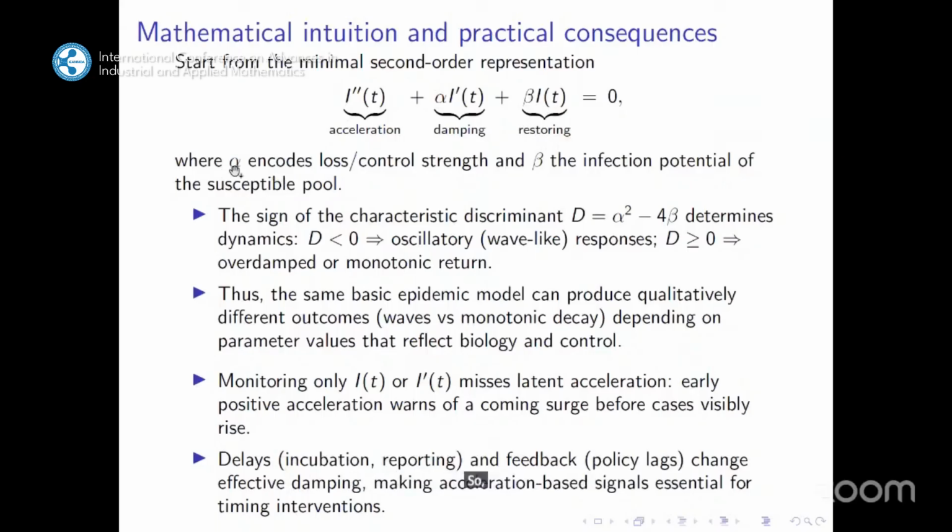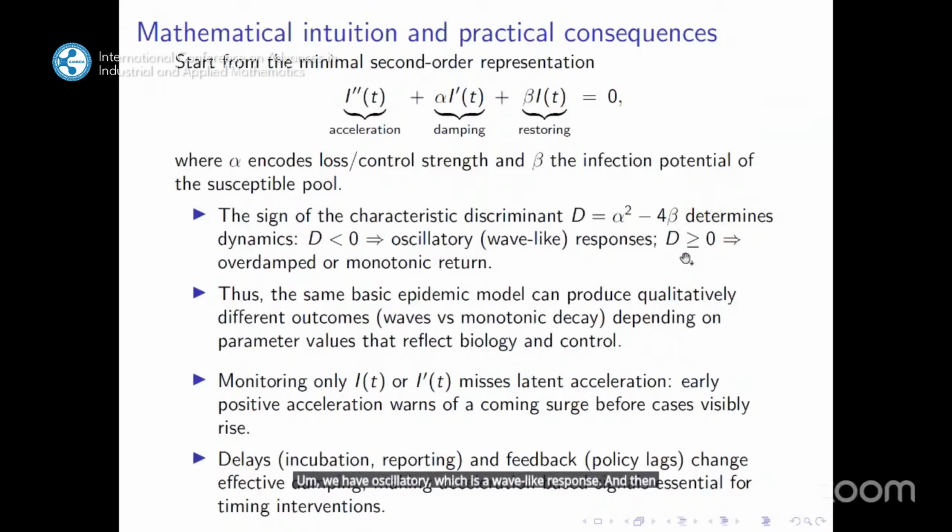Of course, alpha is the loss or control strength, and beta is the infection potential of the susceptible pool. Those are the two parameters that we are already familiar with. And the sign of the characteristic determinant, which is D, determines the dynamics. So if D is less than 0, we have an oscillatory, wave-like response.